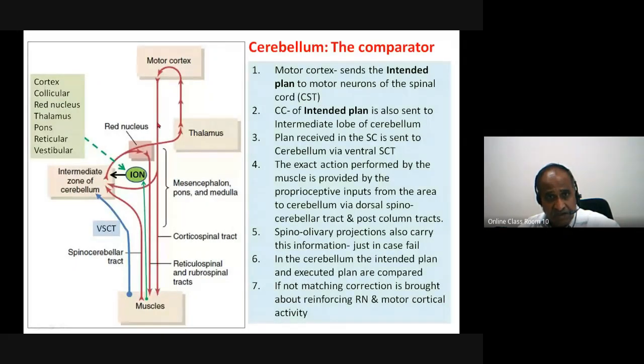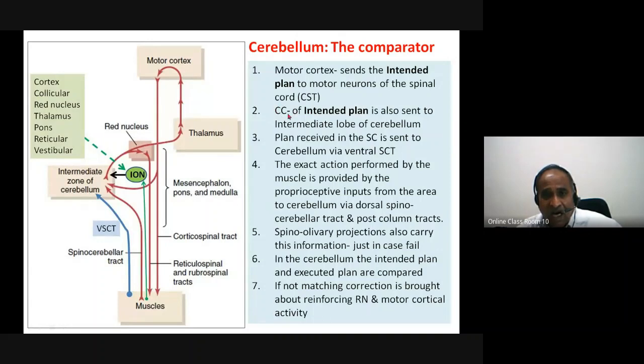So this is coming through the corticospinal tract to the spinal cord and to the muscles. This is the intended actual plan, what is being thought by the motor cortex. This is how it should be done, the intended plan.